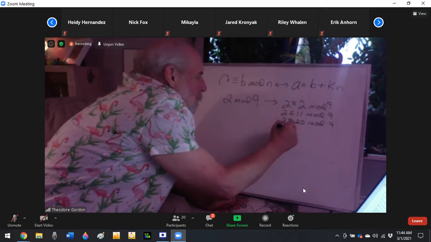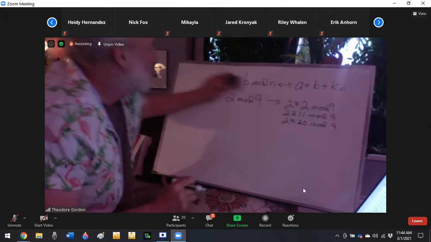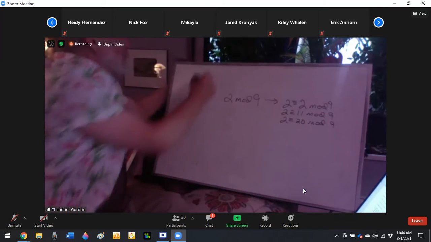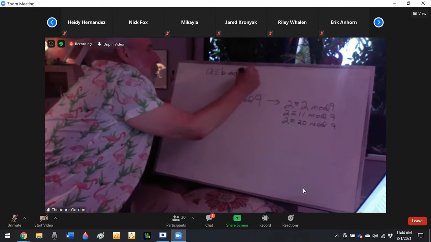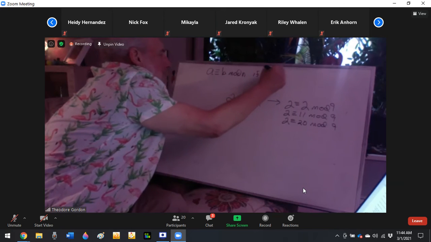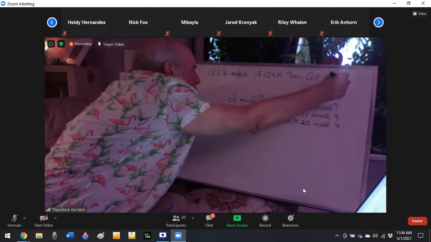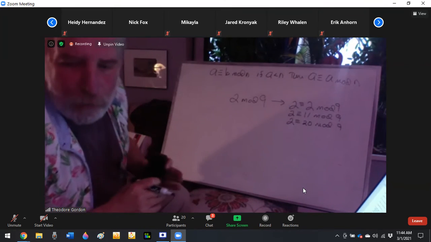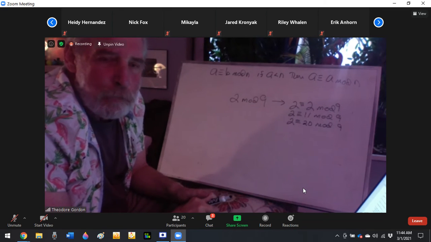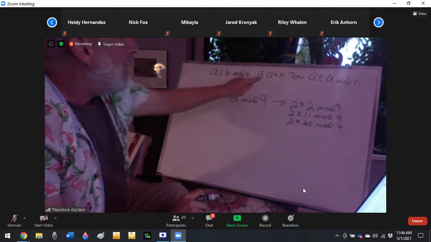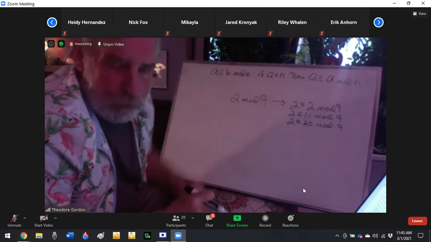Can you repeat what you just said? You said whenever A is less than the mod, then what? Yeah, so if A is smaller than the n, then n doesn't go into A, and A is the remainder that's left over.